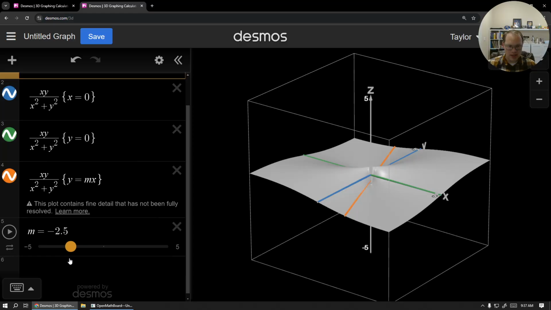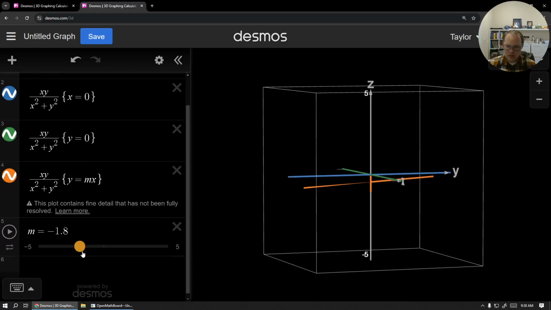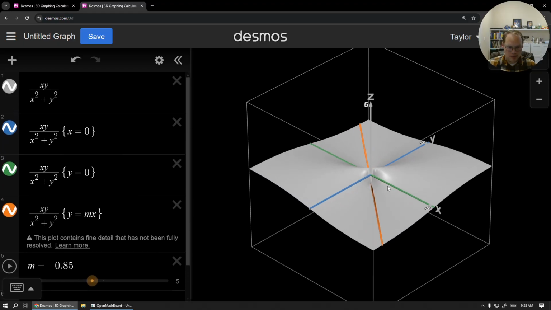Very rarely do we hit exactly at 0. So notice generally is not going through right at 0 unless I'm straight down the x-axis, in which case m is equal to 0. We usually are hitting that z value higher or lower. The limits do not agree.